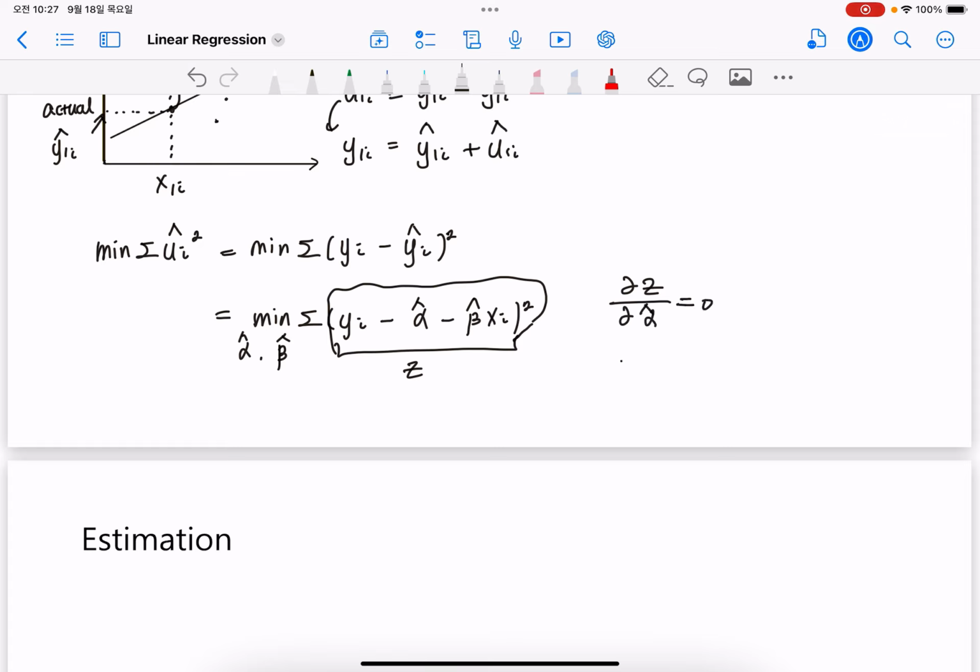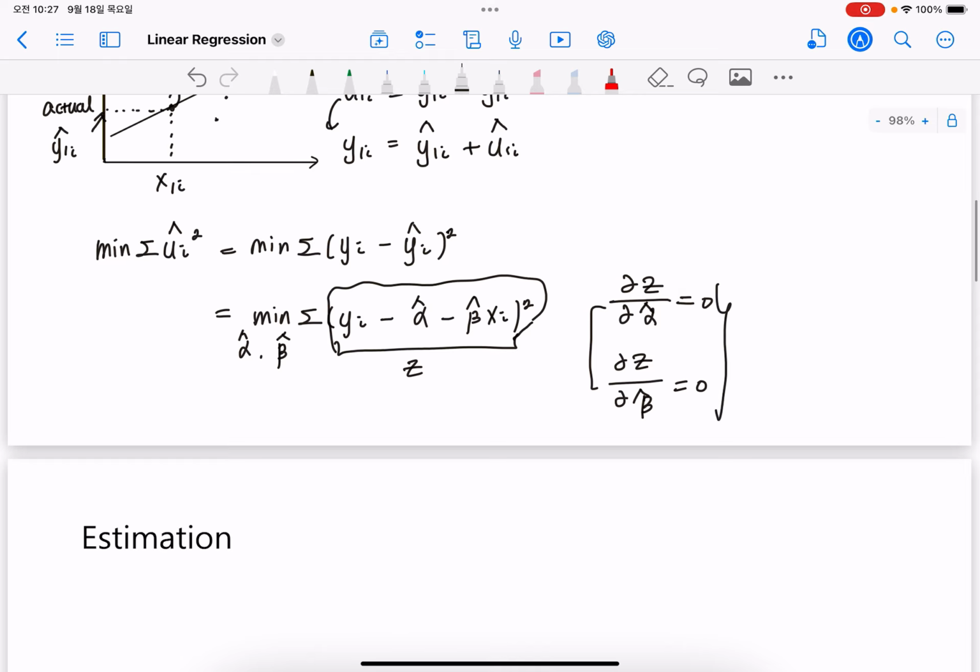So differentiating with respect to beta hat. And by the way, these 2 equations are called the normal equation, with the 2 unknown parameters, alpha hat and beta hat. Right? So we are interested in estimating alpha hat and beta hat.